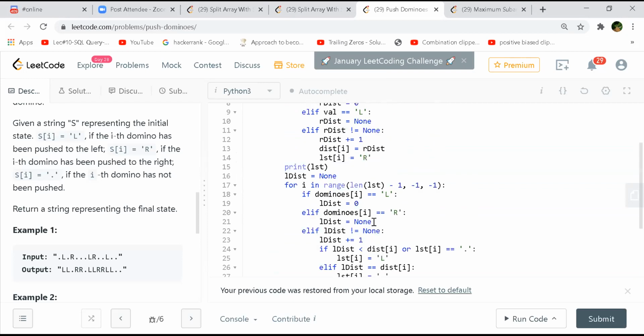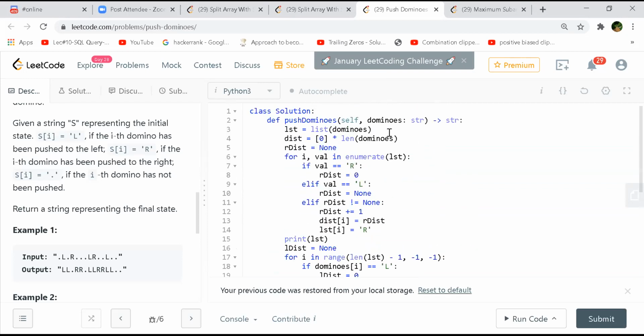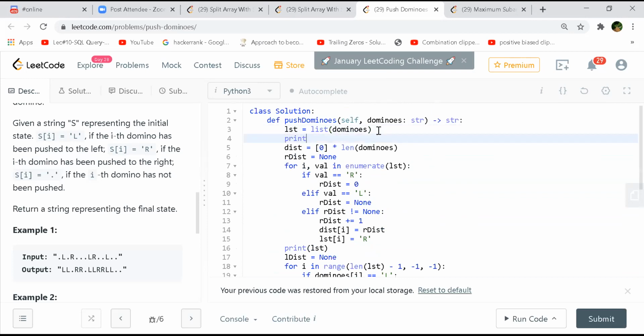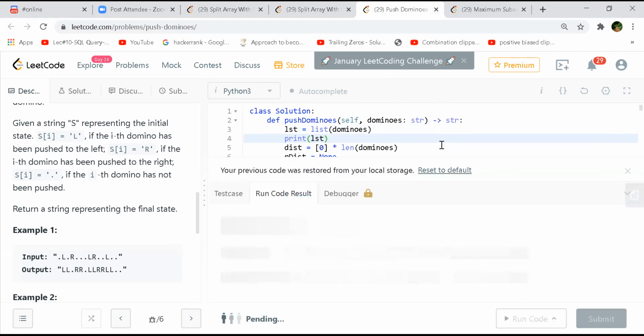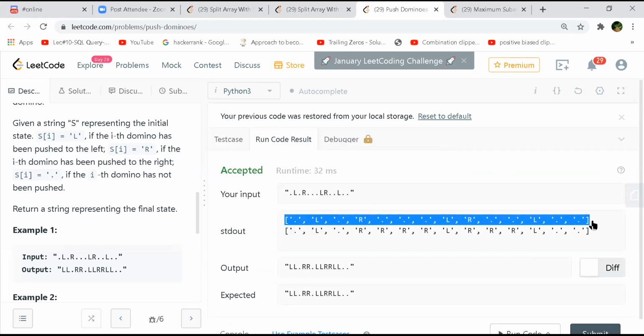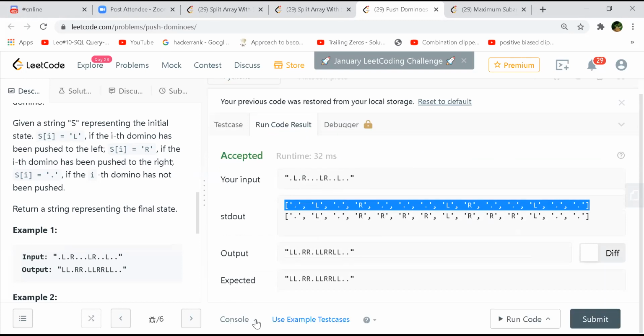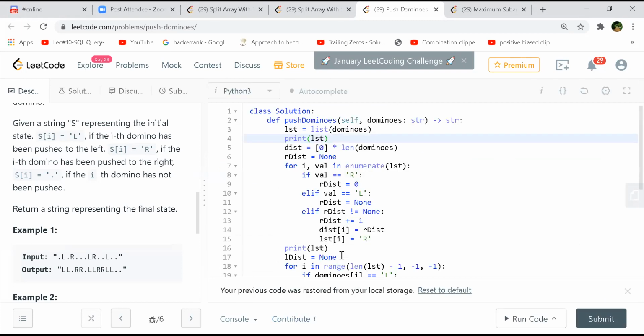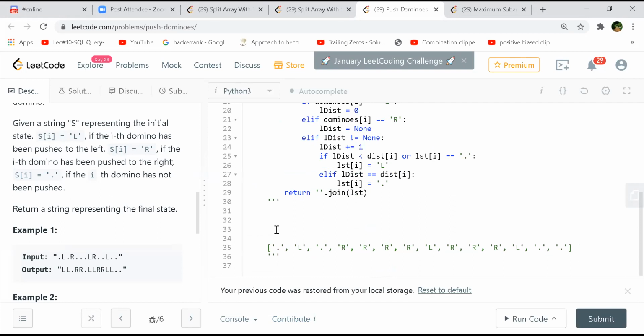This is that list. And if I print the initial list, it will be this. This is our initial list.